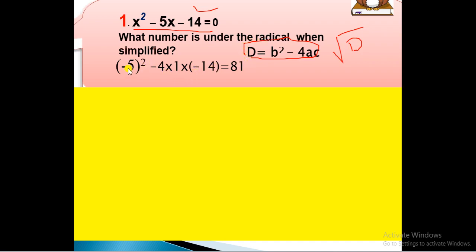Now how do we get these values? We will compare. b is the coefficient of x, so we have minus 5. A is the coefficient of x square, so that is 1. c is the constant term, so we have minus 14. So all these terms we put in b square minus 4ac. And what is the answer? 81. So we get D is equal to 81.